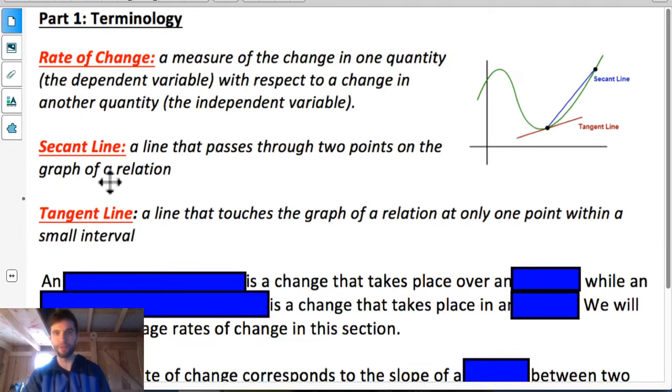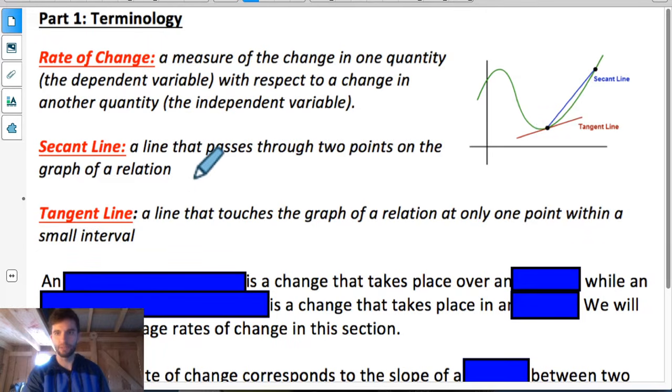Or I shouldn't say passes through, it just touches the function at a single point within a given interval. So this red line right here is a tangent line because within a given interval, so if I just look at this little interval right here, it only touches the function at 1 point within that interval. So we would call that a tangent line.